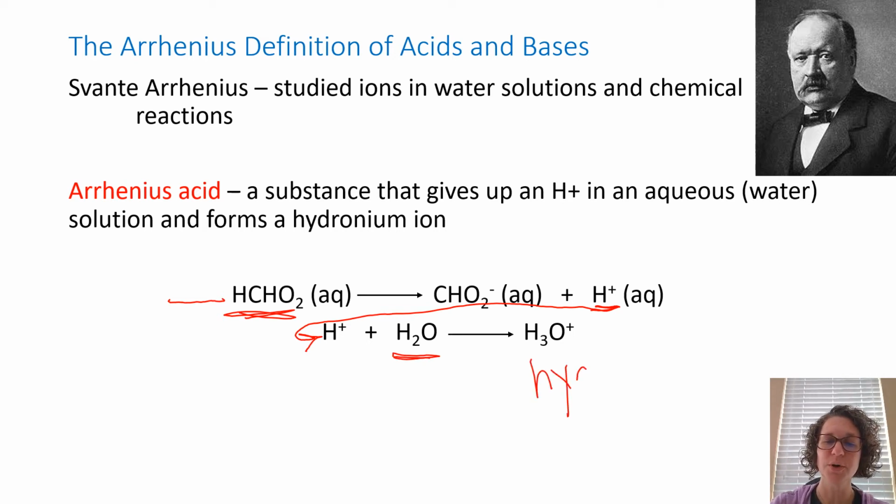So there's our hydronium. So Svante, the handsome guy up there in the corner, spent some of his life at least, figuring all of this out. And he said, anytime you see the presence of this hydronium ion, you know that an acid is present.